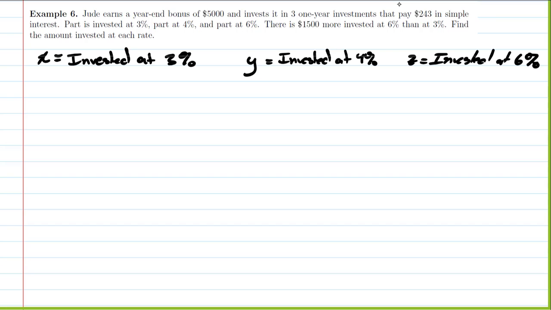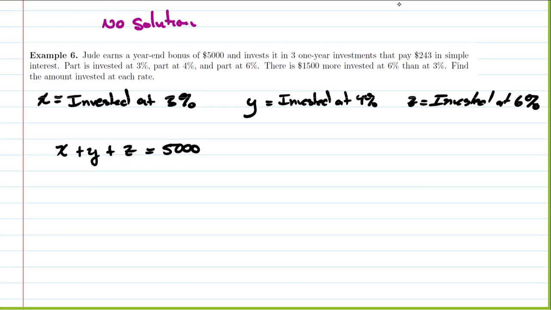Now we need to write down some equations. We know that Jude has a total of $5,000. So x plus y plus z, how much he invested at 3, 4, and 6% respectively. If we add them up, that has to be our total of $5,000. His interest earned, our simple interest, remember, is P times R times T: the amount times the rate times the time.